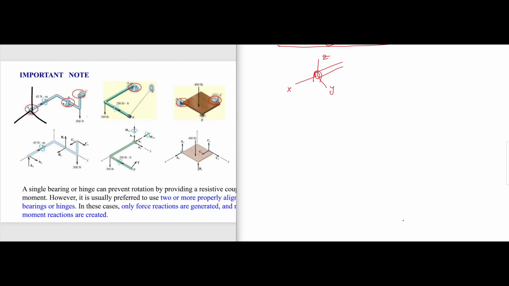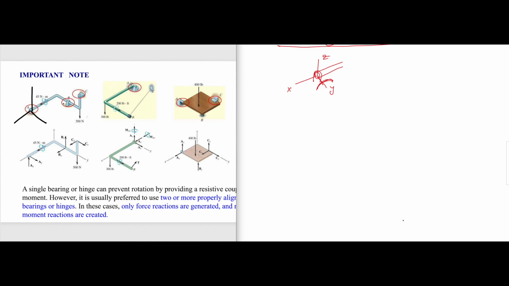And I said it is a smooth journal bearing. So when I say smooth journal bearing, it is free to rotate in that direction. That means you have no moment reaction in x, but it is not free to rotate in y, and it is not free to translate along y.